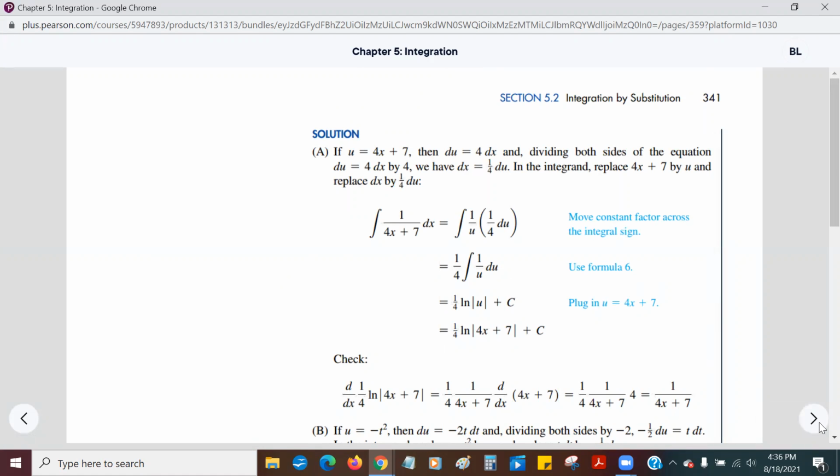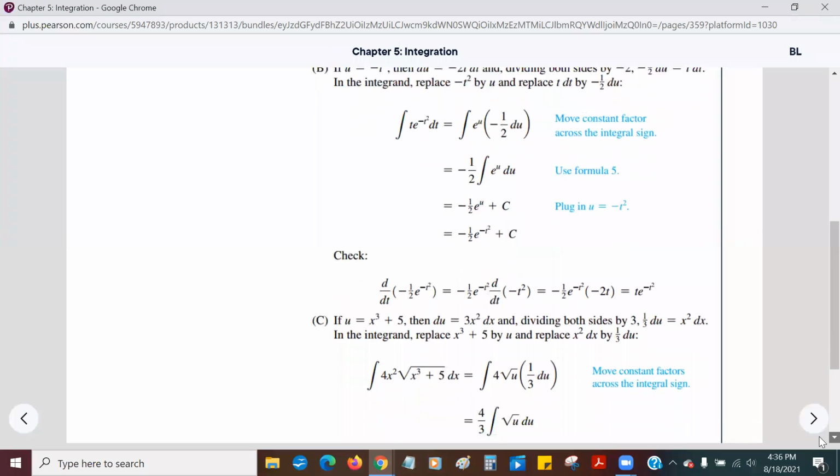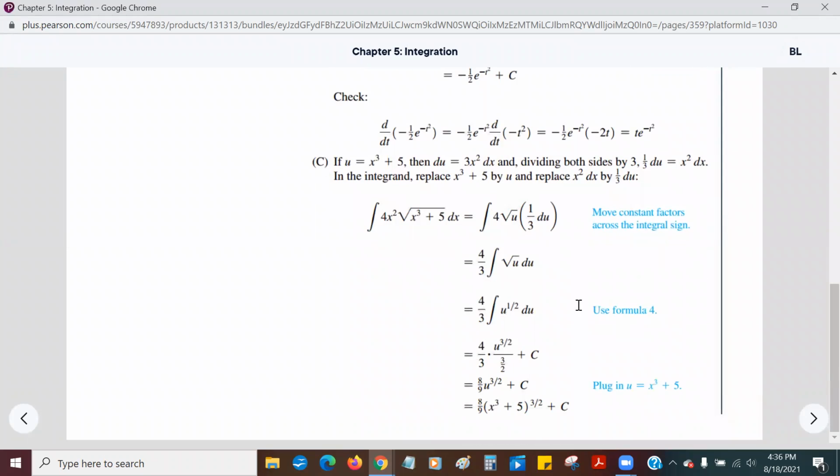So let's look at C. Oh, so I'm going to do this a little differently. If du is equal to 3x squared dx, that means 1/3 du is equal to x squared dx.